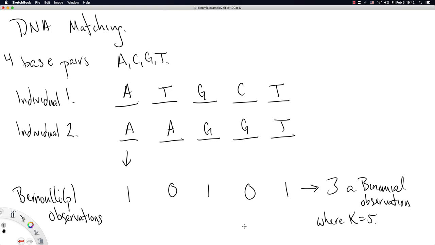Okay, that's probably as good an idea as I can give you of what this blog post is talking about, as far as my understanding of DNA goes. So we're going to be creating a binomial out of matching base pairs across 2 individuals.